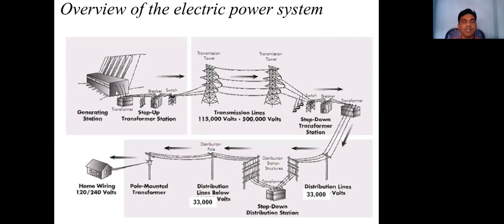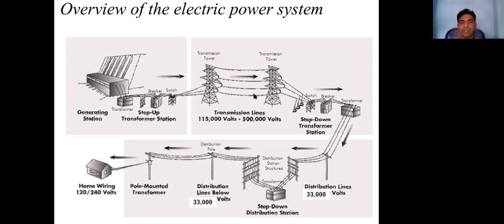Power generation is in the range of 11 kV and 33 kV voltage. This voltage is stepped up and this higher voltage transmits the power.